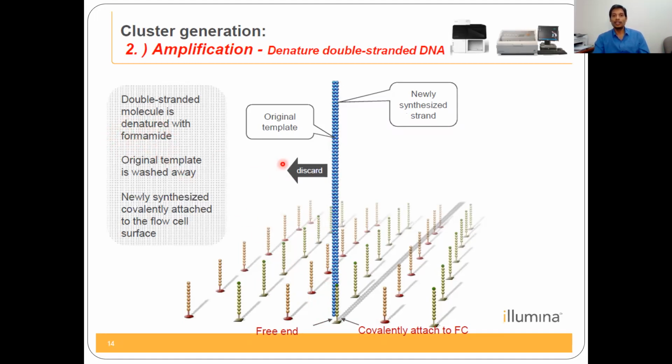Formamide will denature the DNA fragments. These two DNA strands at present anneal or hybridize together because of the hydrogen bonds. So when you inject the formamide into this flow cell through the hole, what happens? Formamide disturbs these two DNA strands, and once disturbed, they get denatured.